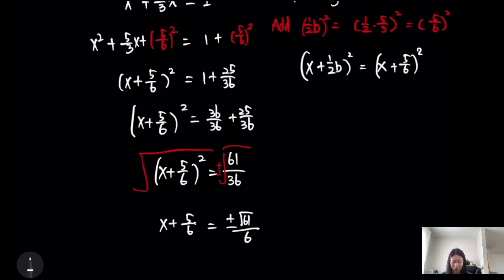Because the square root of 36 is equal to 6. And then you will subtract 5/6 on both sides.